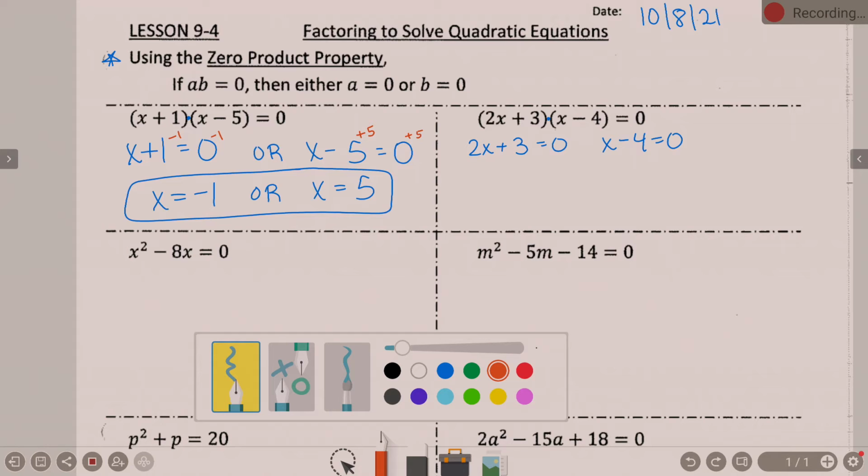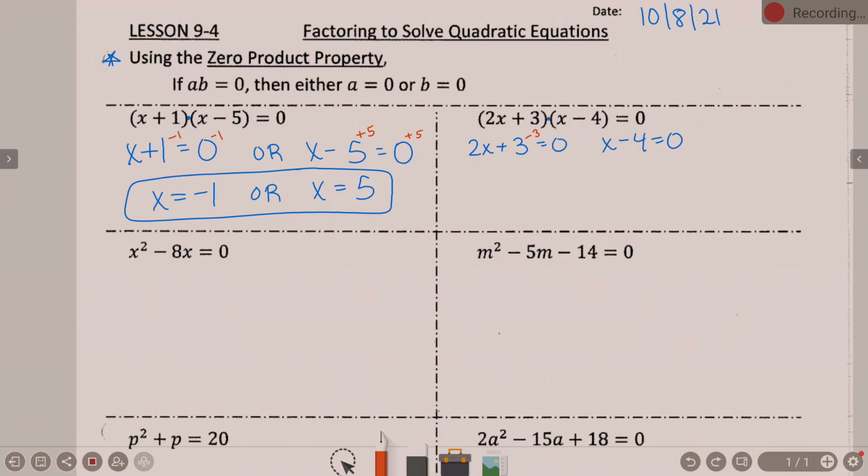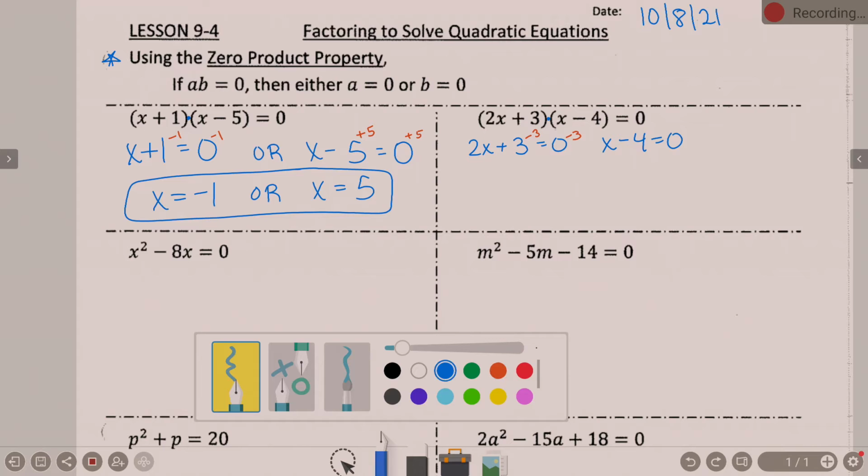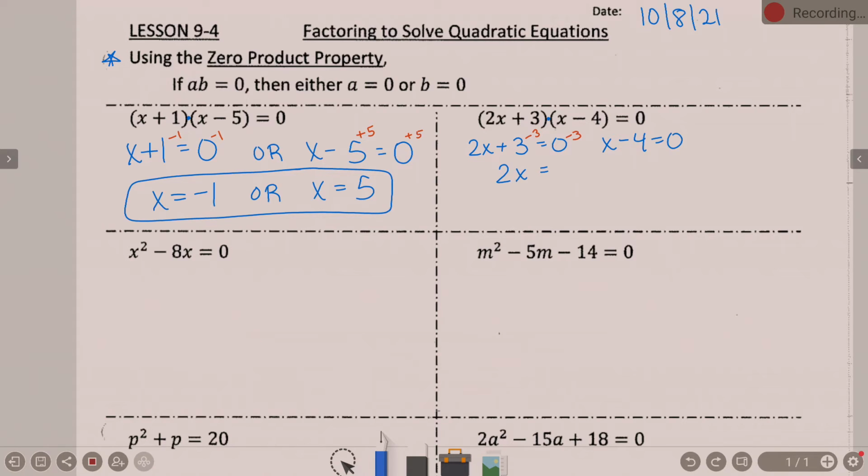So if it's 2x plus 3, it's just basically how do we solve? I'm going to subtract 3. If we subtract 3 on the left, subtract 3 on the right. We've got 2x, 3 minus 3, 0. Cancels. 0 minus 3, negative 3.